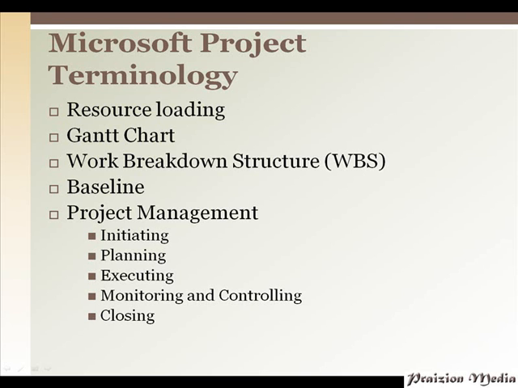In initiating, we're thinking about the project, trying to make sure that the project is indeed a project, trying to validate the reasons for the project's coming into existence. In planning, we're beyond the initiating stage and we're thinking about what we need to do to get the work done. We're thinking about all the plans, trying to come out with a coherent structure for our project schedule, which is where Microsoft Project is very heavily used.